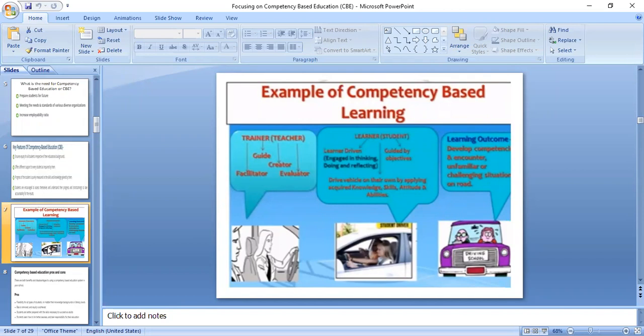It is not only the teacher who should know the learning outcome, but it is also the child who should be aware of the learning outcomes, or after this teaching, what should I be able to learn and how will I implement it in real-life situations. And of course, these all are guided by learning outcomes. We all know it.